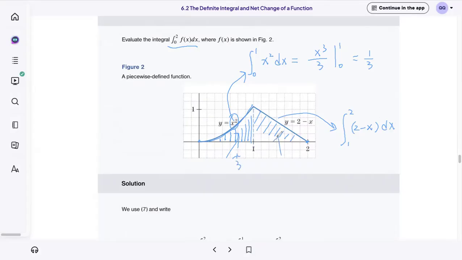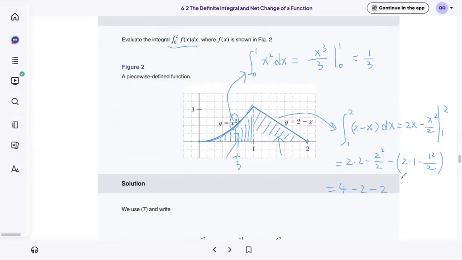Now we want to find the area of this triangle. So anti-differentiate, we get 2x minus x squared divided by 2. Evaluate at 1 and 2. So 2 times 2 minus 2 squared divided by 2, then minus 2 times 1 minus 1 squared divided by 2. 2 times 2 is 4, minus 2 squared, 4 divided by 2, is 2.